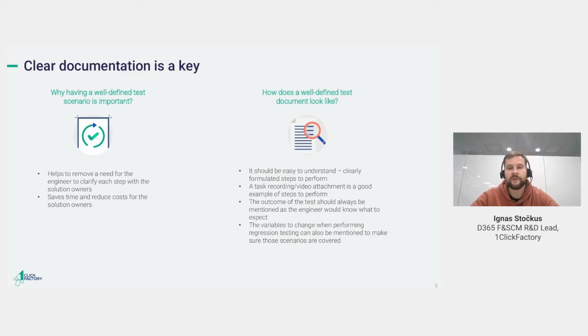It's very important because they go through that documentation, and if it's clearly and well defined, easy to understand and clearly formulated, then there are fewer questions that they need to ask the solution owners. So clear documentation is also beneficial from the OneClick Factory side, as it reduces the need for communication going back and forth with the solution owners.